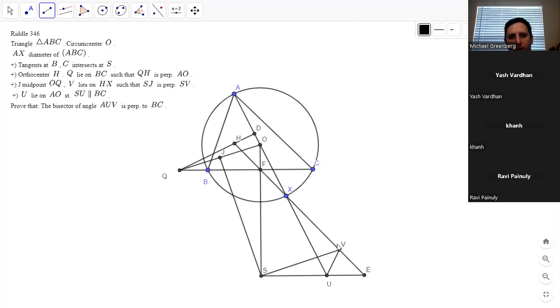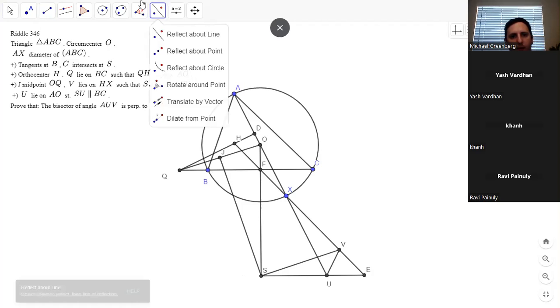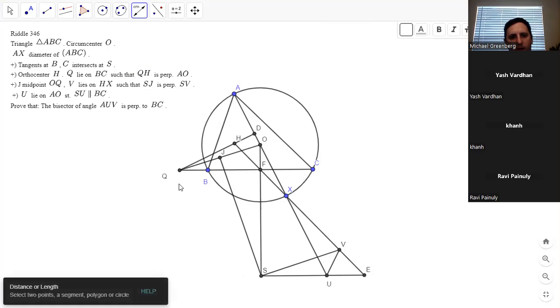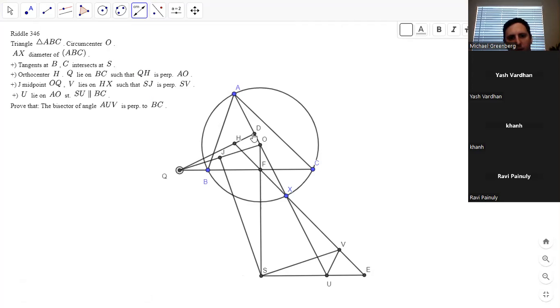So these are parallel. I wonder if it's a parallelogram. Length QD, SV. Nope, it's not a parallelogram.